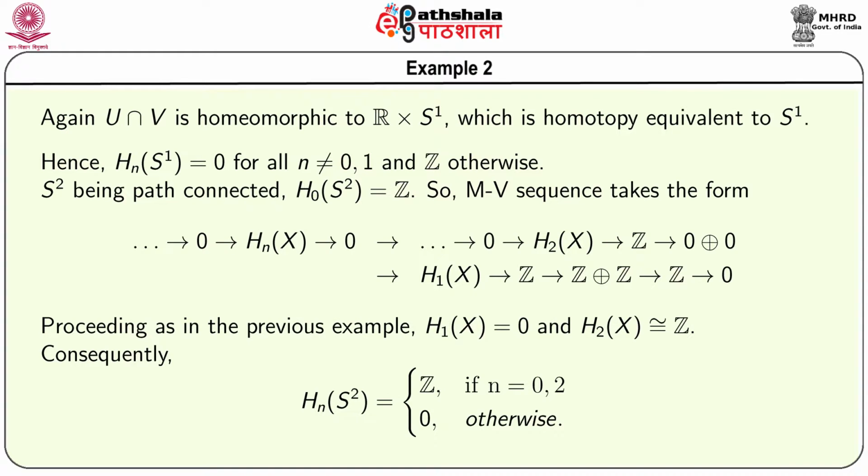Proceeding as in the previous example, H1(X) will be equal to 0, the trivial group, and H2(X) is isomorphic to Z. Consequently, Hn(S^2) becomes the infinite cyclic group when n is equal to either 0 or 2 and trivial otherwise.